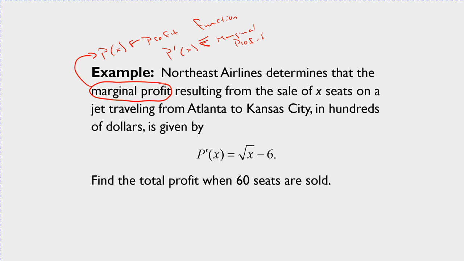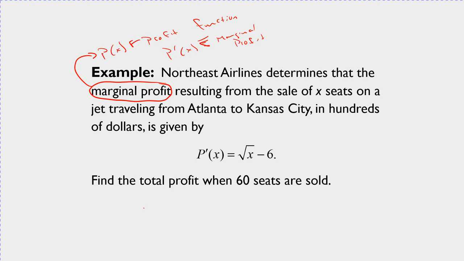All right, so the margin resulting from the sale of x seats on a jet traveling from Atlanta to Kansas City, in hundreds of dollars. So if you got a result of 1, that would be $100. So the marginal profit is given by this. P prime of x is equal to the square root of x minus 6. So let's find the total profit when 60 seats are sold.